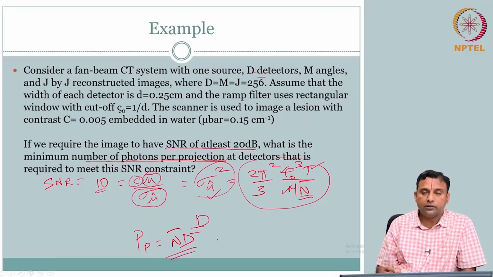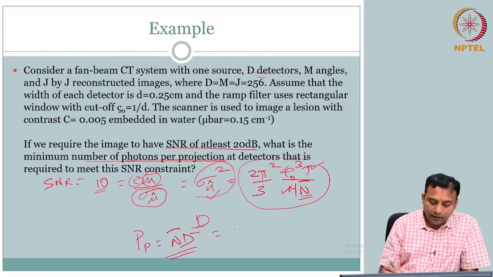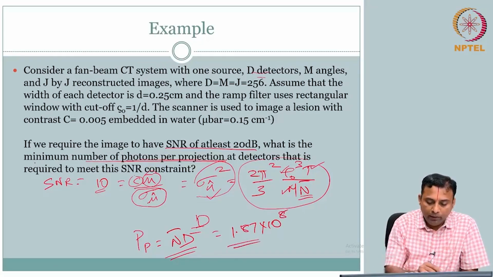So you can calculate this. Just go do this. It's just substitution after this. Okay, so you will get some number like 1.87 into 10 power 8. That's your minimum, right? Minimum number of photons.